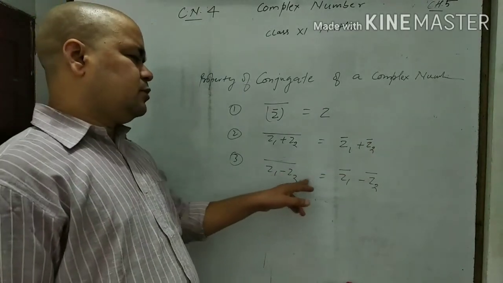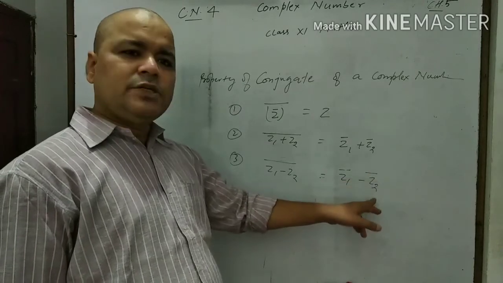Similarly, the third one, conjugate of z1 minus z2 is equal to conjugate of z1 minus conjugate of z2. We can write like this way.